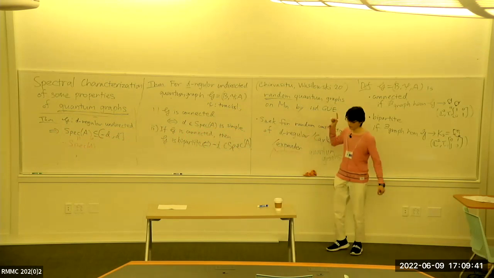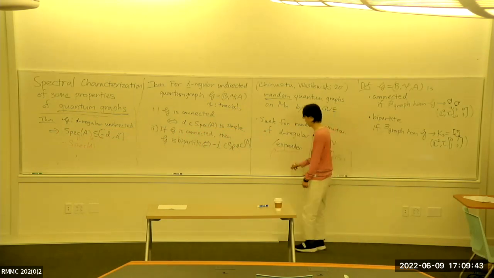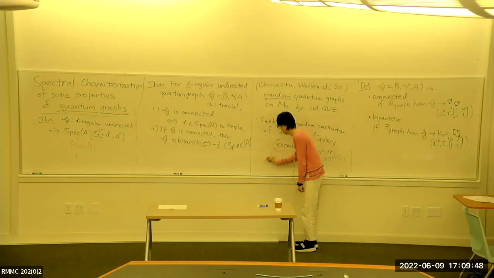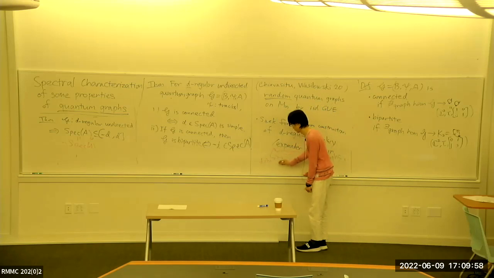Classical expander graphs are defined as graphs with a spectral gap. Spectral gap means the largest eigenvalue D and the second largest eigenvalue lambda 2 are separated by some constant.